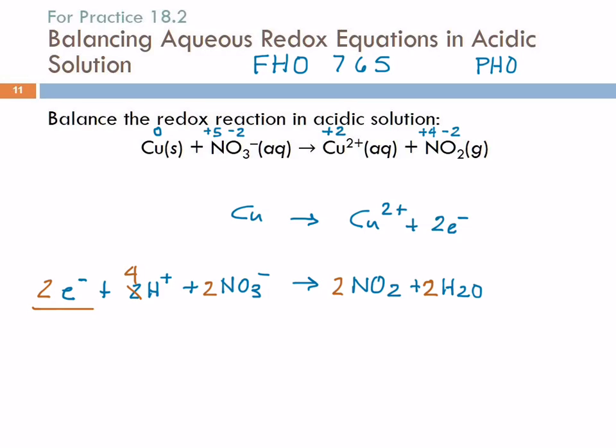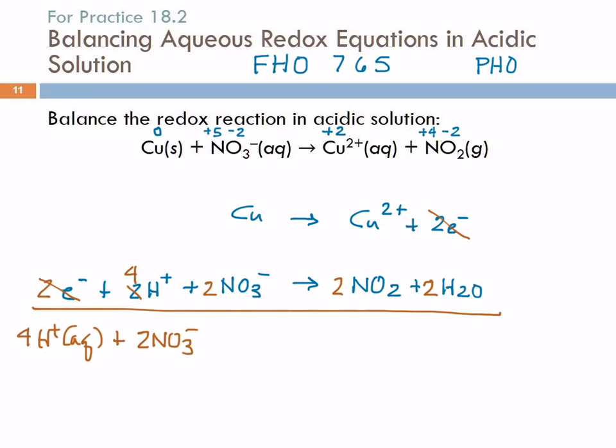And then add them together. So the electrons cancel out. So I'm going to get 4 hydrogen ions and 2 nitrate ions.